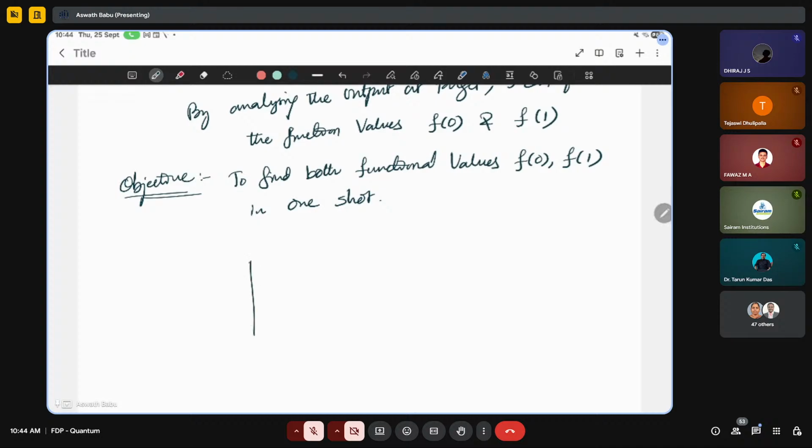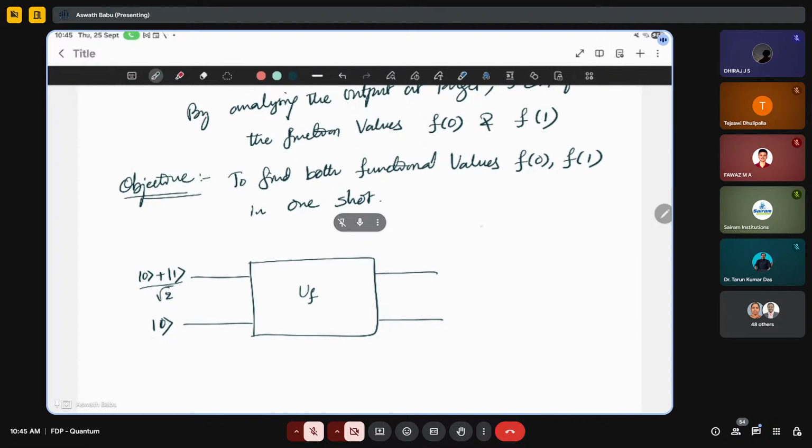I take the same unitary function, I'll keep the target as 0, and I will keep the control as a superposition, 0 plus 1 divided by square root of 2. As you know, Hadamard does that for us. Just take a 0 ket, send it through a Hadamard gate, you would get the superposition of 0 plus 1 divided by square root of 2.